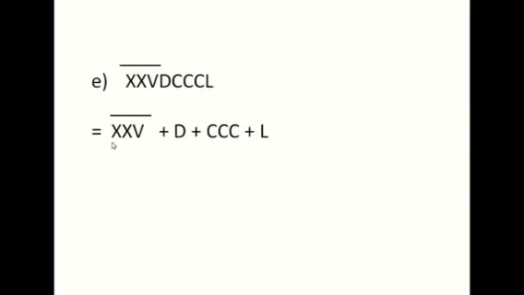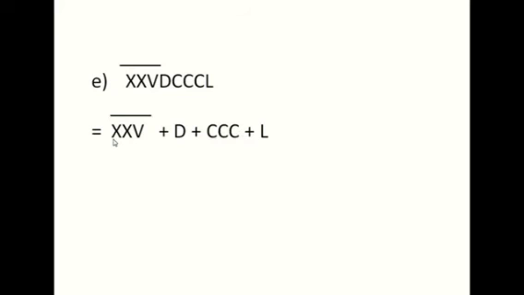Check whether you have written like this: XXV bar plus D plus CCC plus L. Because here CCC, you can write C plus C plus C, it doesn't matter, because you are doing the same kind of sum in a repeated way. So I have kept it as CCC.